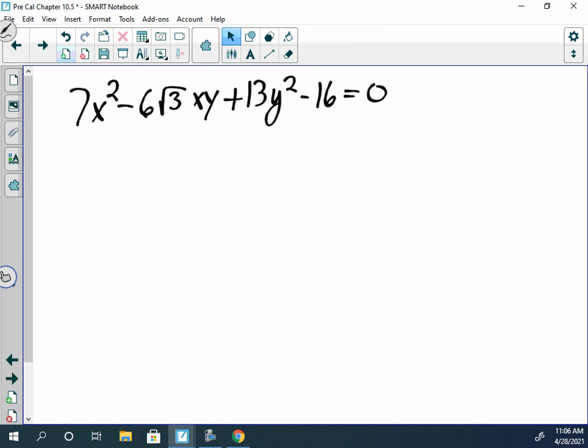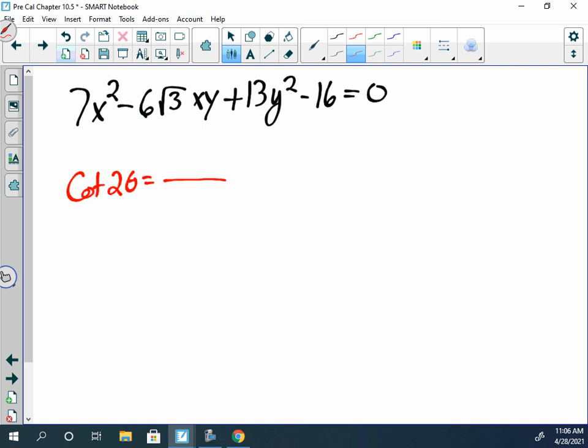So we need to find our angle first. Cotangent of 2 theta is equal to a minus c over b.